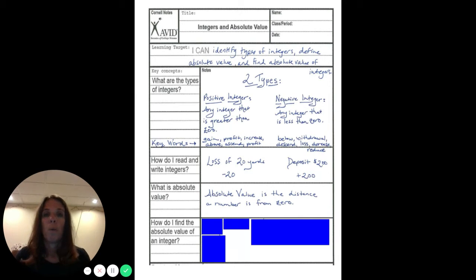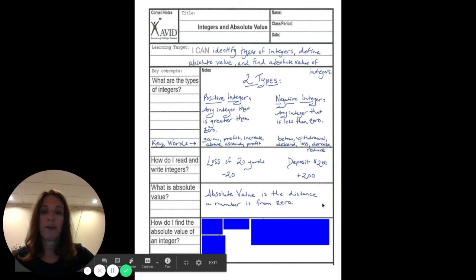So we have our number line, and on our number line we have 0 in the middle, and then all the numbers to the right are certain steps away from 0, and all the numbers to the left are certain steps away from 0. If you look at 2, positive 2 is 2 away from 0, but you could go on the left side of 0 and see negative 2. That's also 2 away from 0. So absolute value, we're just talking about the distance it is from 0.